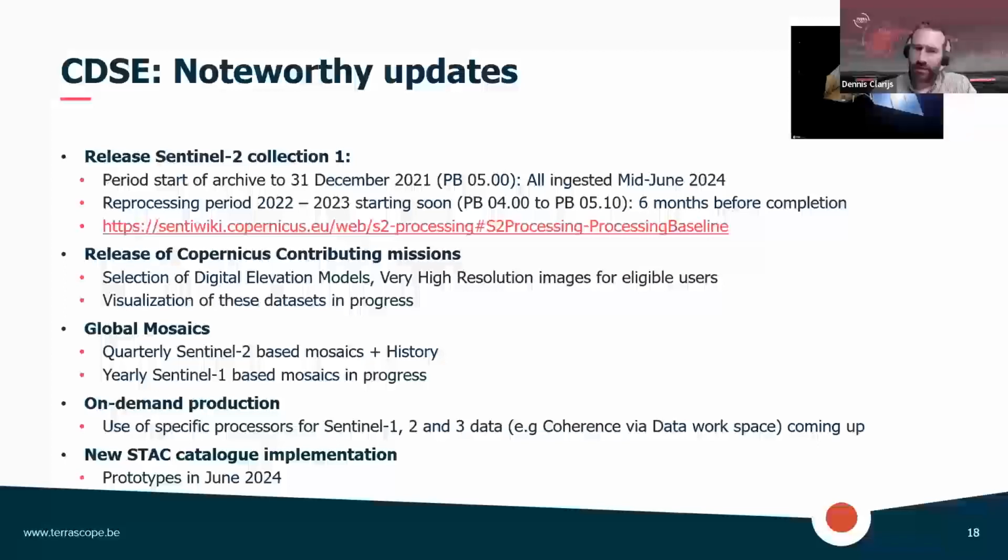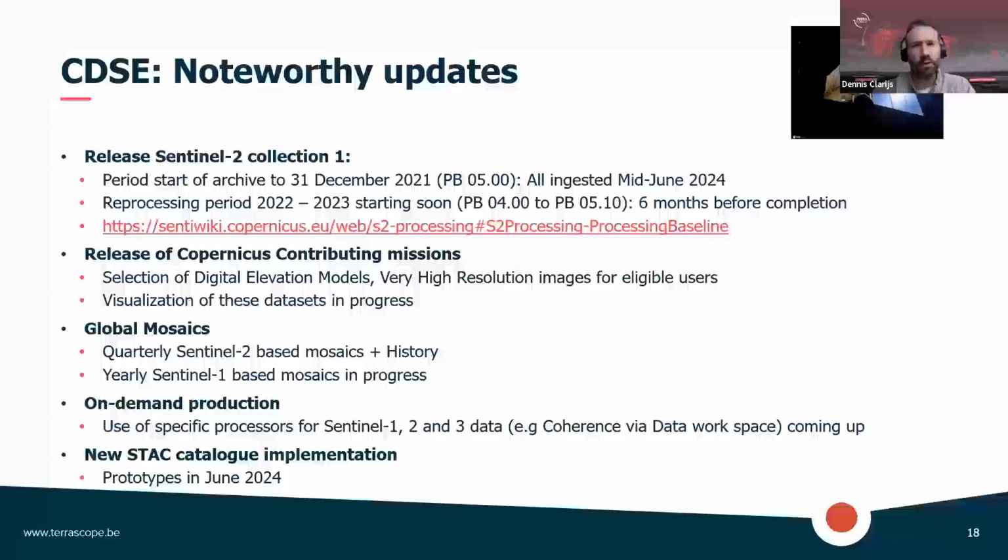Then there's a second phase starting, where the last 2 years, or almost 3 years of data will be brought in line with this reprocessed data. That will take another 6 months before completion.